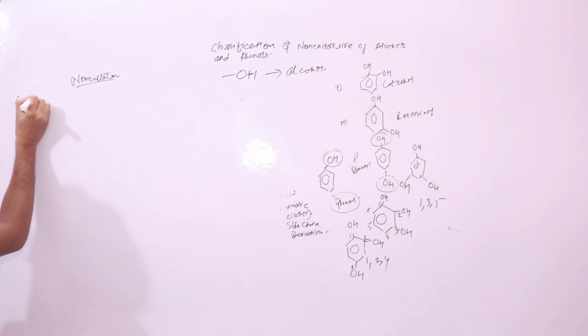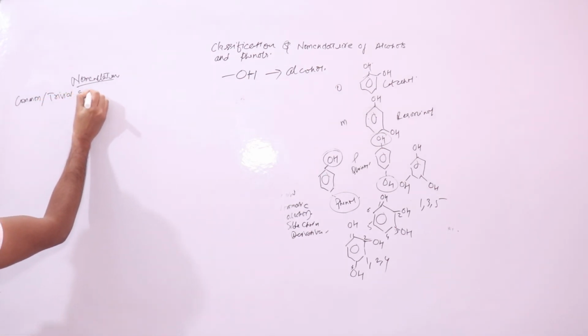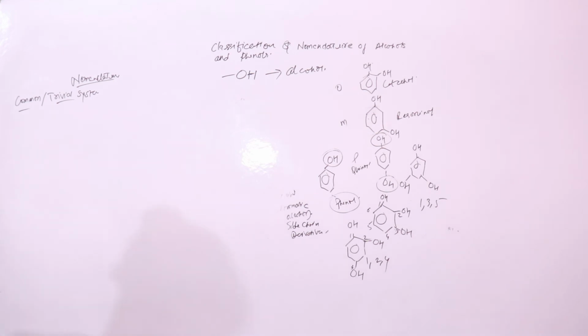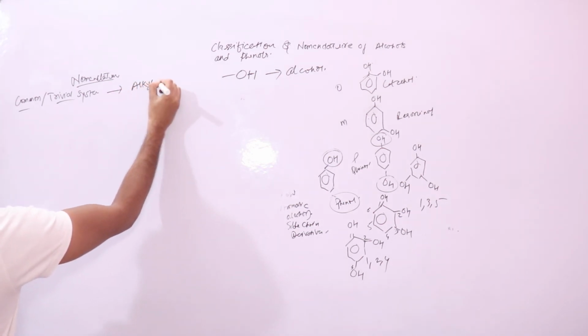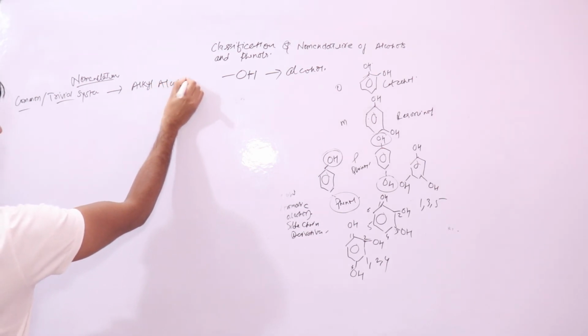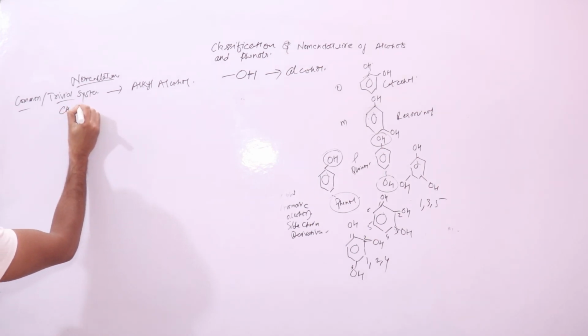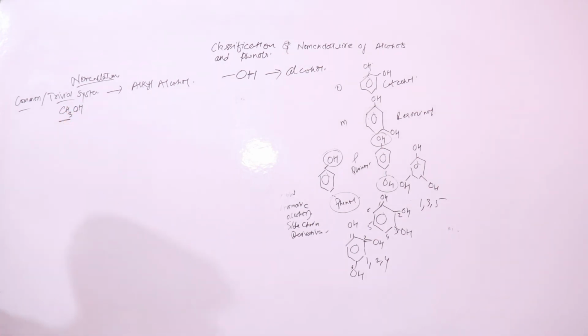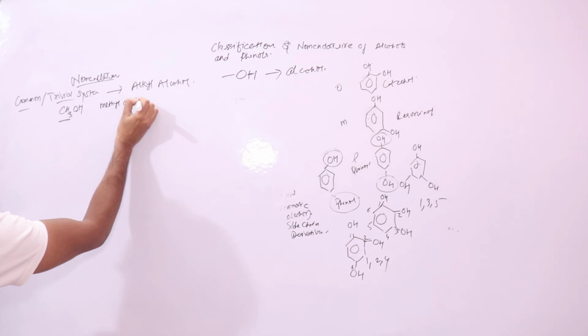First is the common or trivial system. In the common or trivial system, these are named as alkyl alcohols. For example, CH3OH: just know what alkyl group it is and then add alcohol to it. This is methyl alcohol.